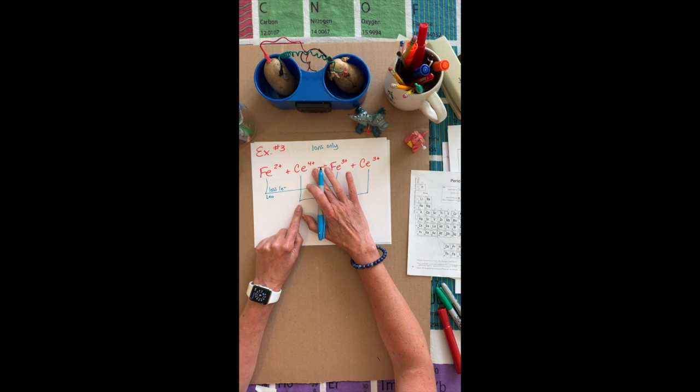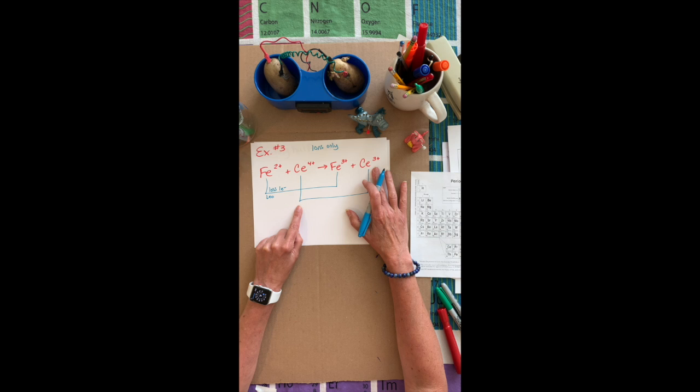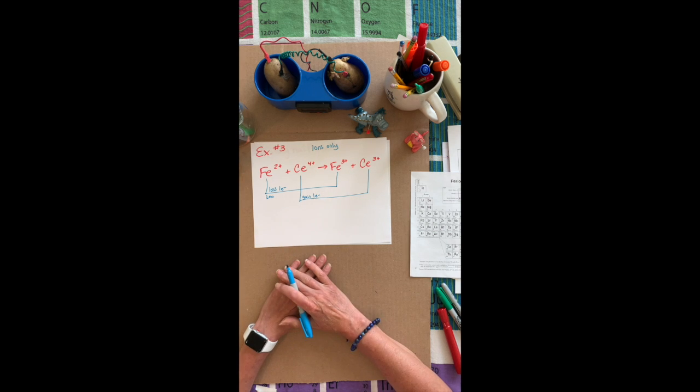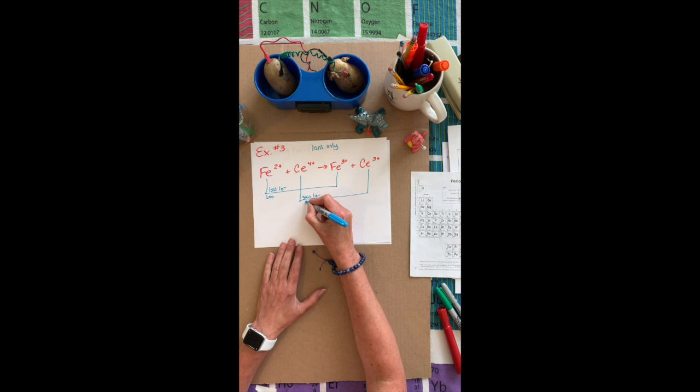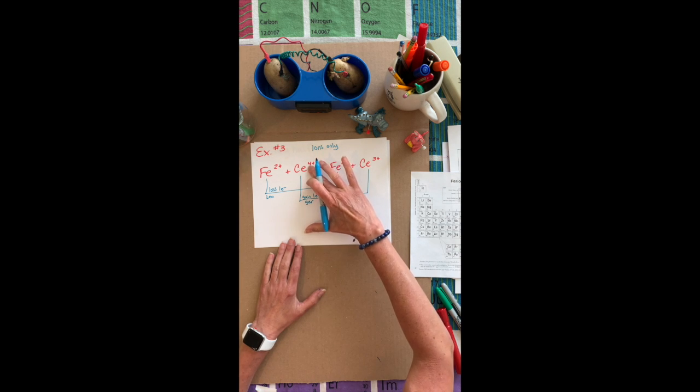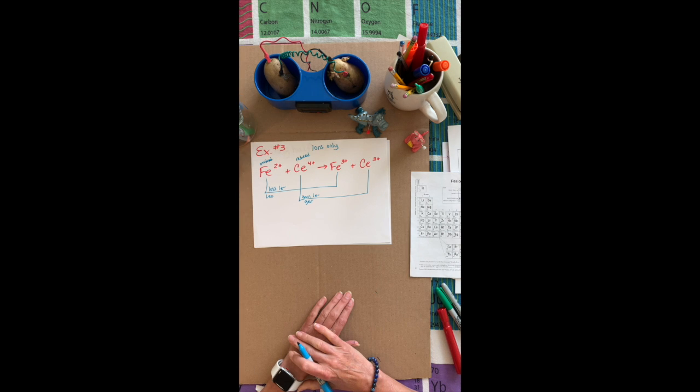It went from +4 to +3. It's getting a little less positive. Why? Because it had a gain of 1 electron. That is the GER. It is reduced. So cerium is reduced.